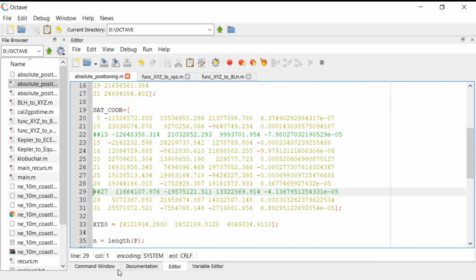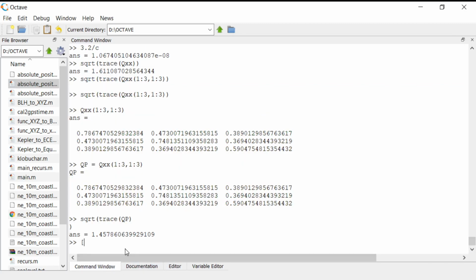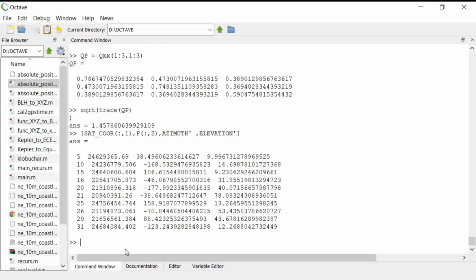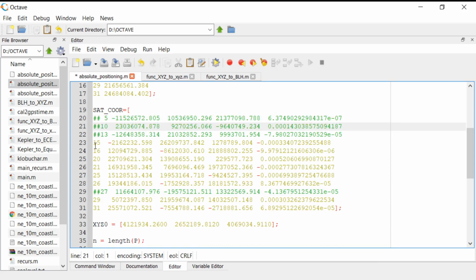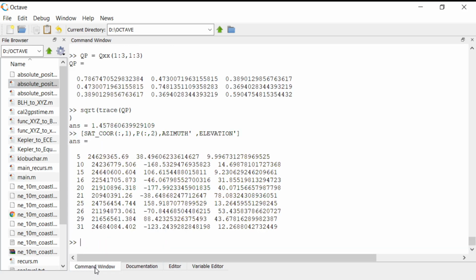So let's have a look here. These will be the satellites 5, 10, 15. 13 is already excluded, that's why we cannot see it here. 16 will stay, and 25.